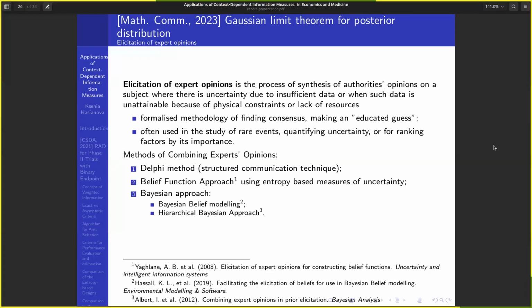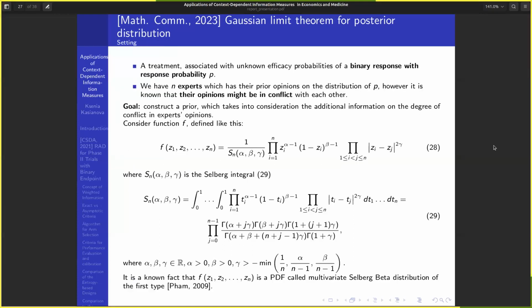In our case, we also work in a Bayesian setting, but we propose to use the prior information, which accounts for the fact that we know that the experts are in conflict.